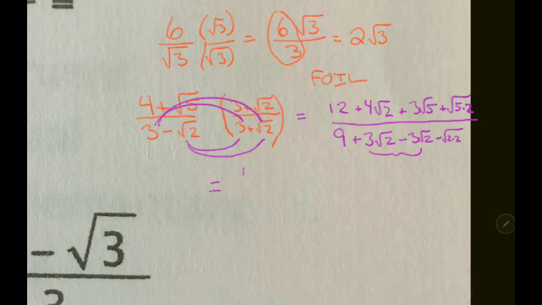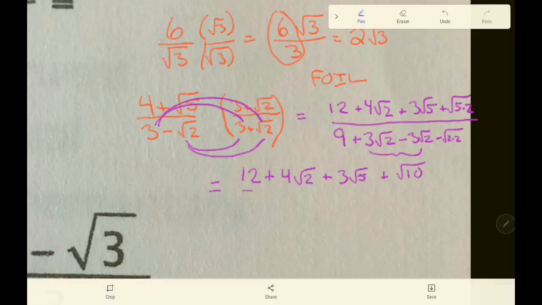So the numerator, we can only write 12 plus 4 square roots of 2 plus 3 square roots of 5. You cannot combine those two terms. And the square root of 5 times 2 is the square root of 10. That's as far as we can simplify the numerator. The denominator, those two middle terms cancel out.